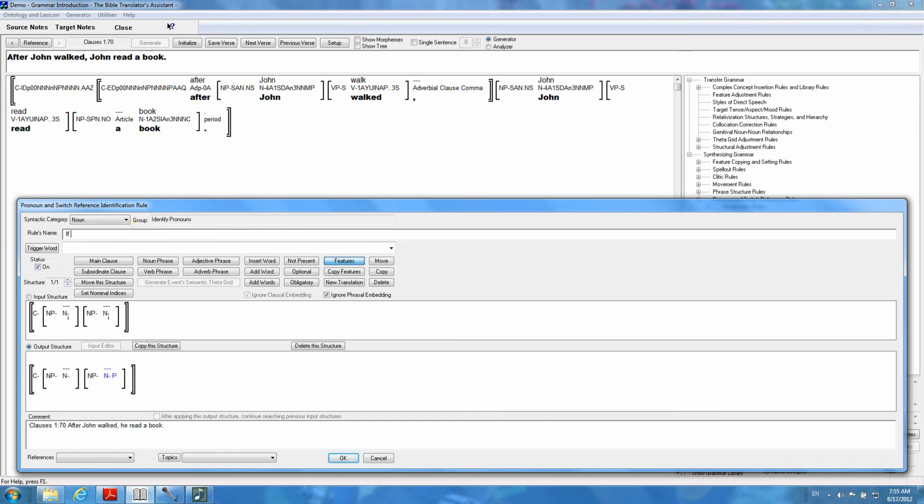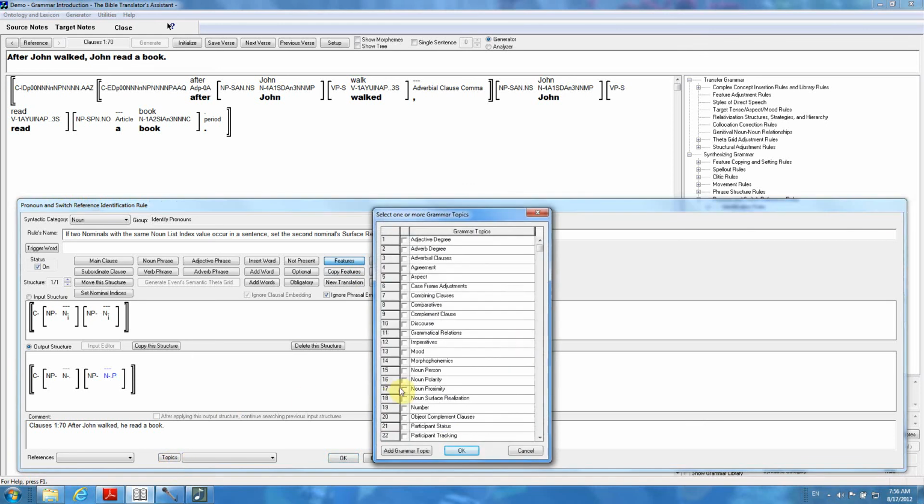Let's give this rule a name. If two nominals with the same noun list index value occur in a sentence, set the second nominal's surface realization value to unambiguous pronoun.